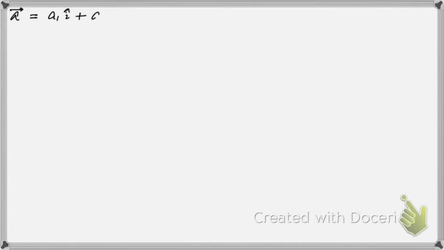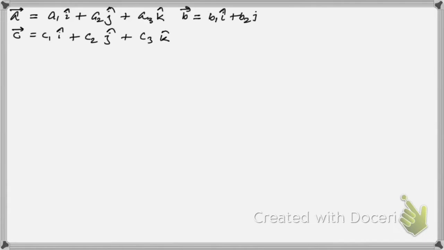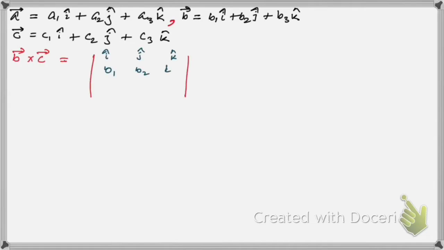Now you see, let me rewrite the vectors. This is vector a, this is vector b, and this is vector c. Now let us find b cross c first. With the help of determinants we can find b cross c this way.